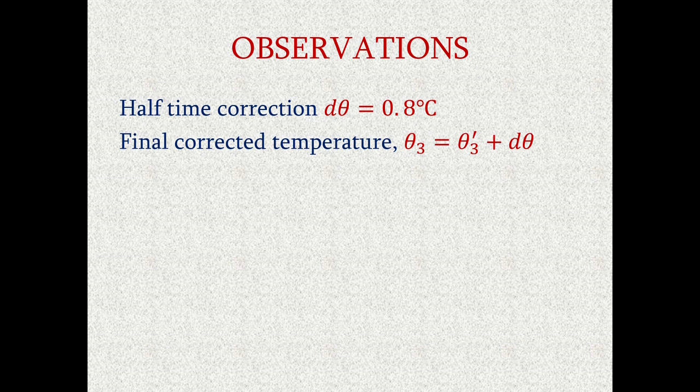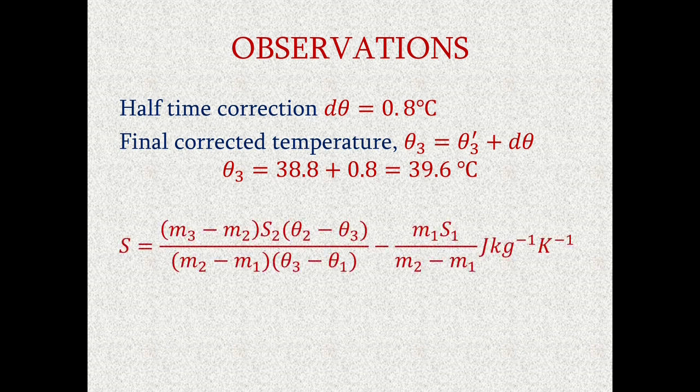For half the time, the drop in temperature is about 0.8 degrees centigrade. Hence, the final corrected temperature, or the radiation correction, whatever we call it: theta 3 equals theta 3 dash plus d theta. Theta 3 dash is the maximum temperature attained, that is 38.8, plus 0.8, which is 39.6 degrees centigrade.